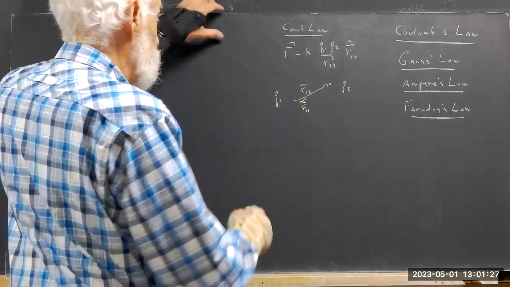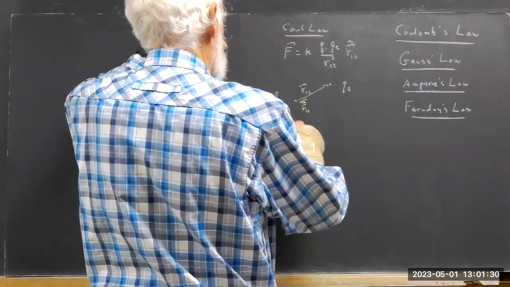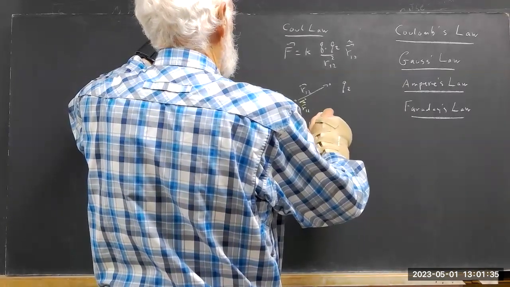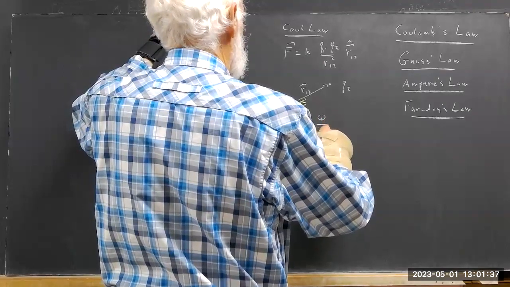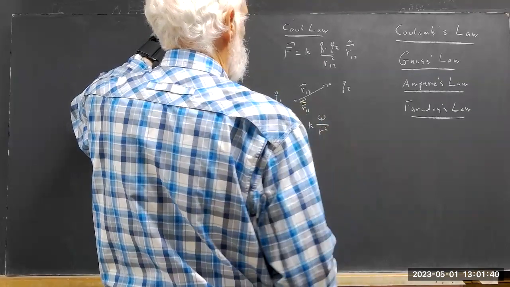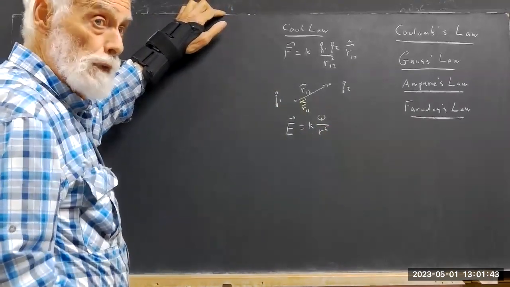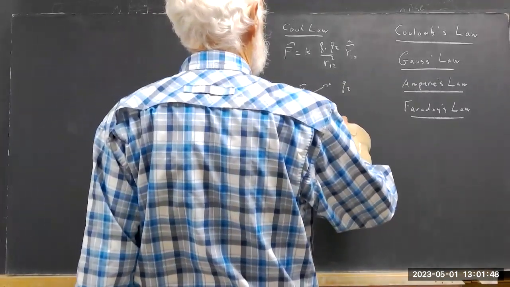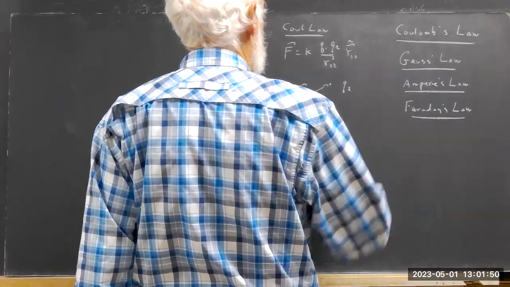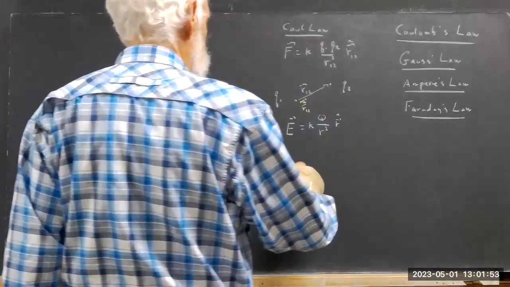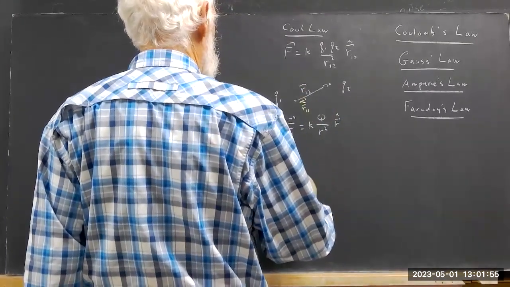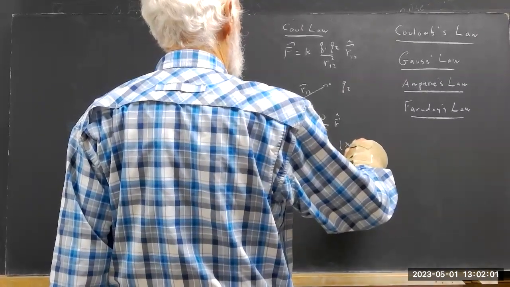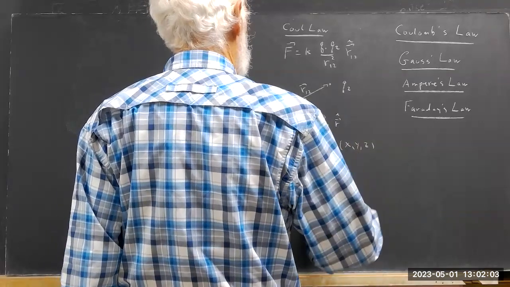Then, your electric field is KQ over R squared times R hat, and this means you have charge capital Q, and you've got a point X, Y, Z here.